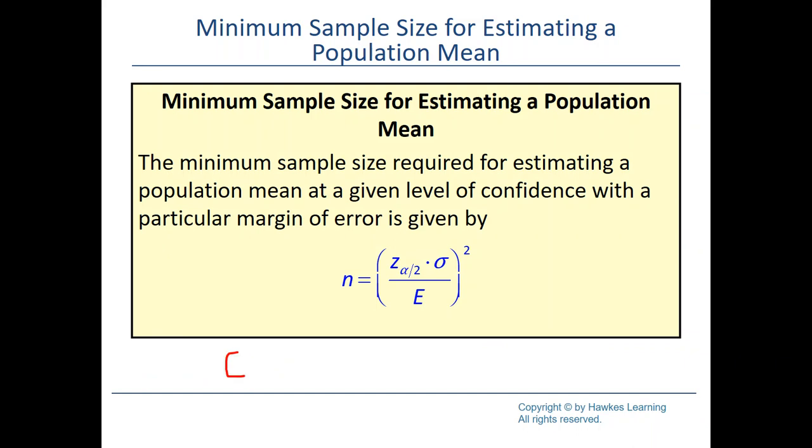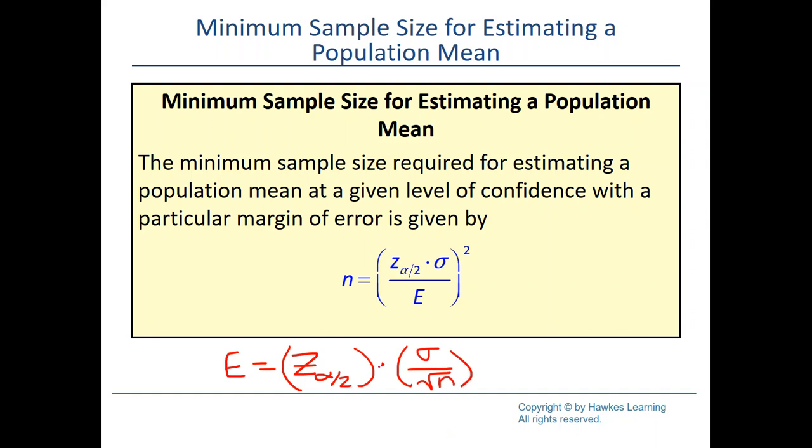Remind yourself that our margin of error was E equals Z alpha over 2 times the population standard deviation divided by the square root of n.